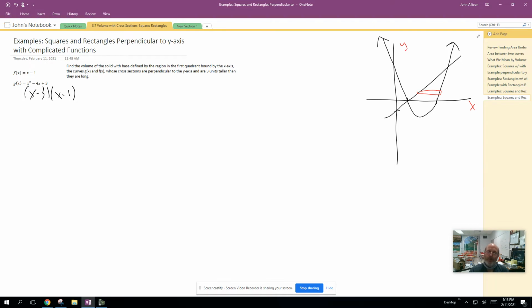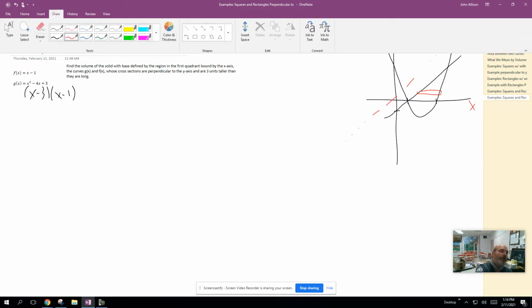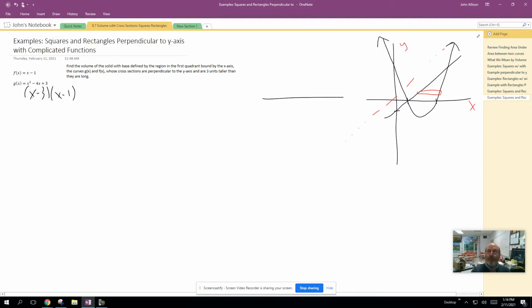So, like I've done before, I'm going to reflect this across the line y equals x so that I invert my x and y axis, which is going to make, if we do that, let's see where that's going to go.